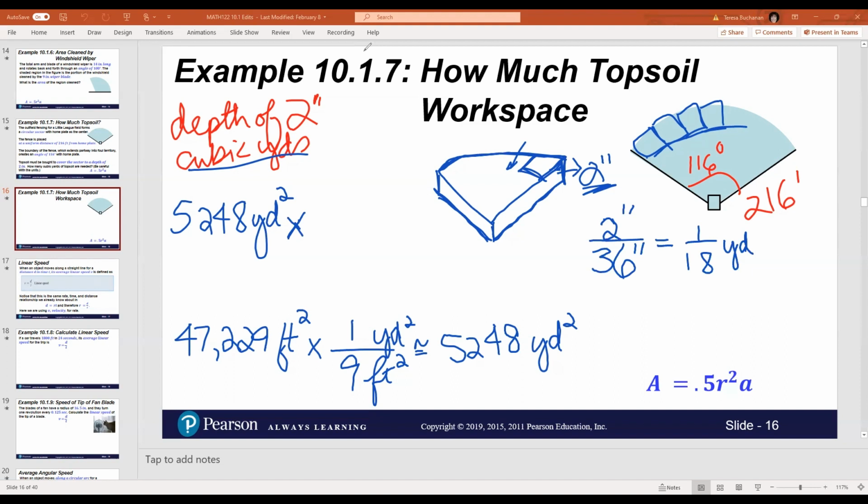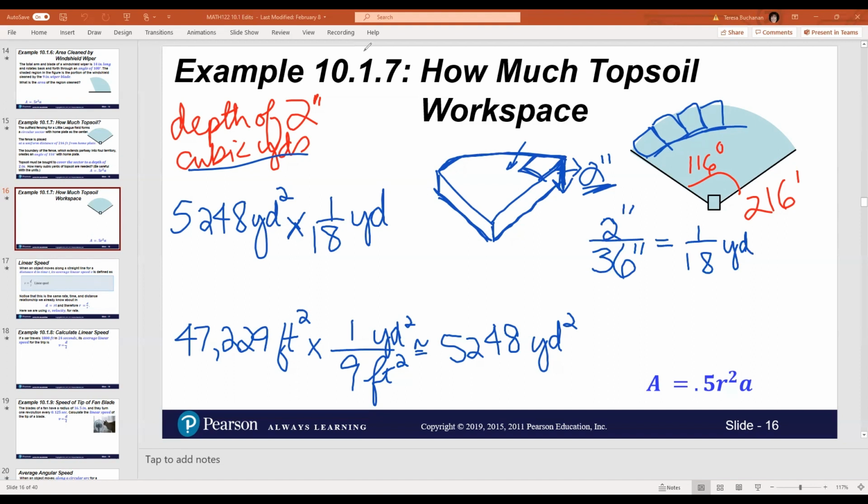So I've got my 5,248 yards squared times 1/18 of a yard. That's the depth, the multiplication in that direction, to get the depth. 2 inches to get the depth.